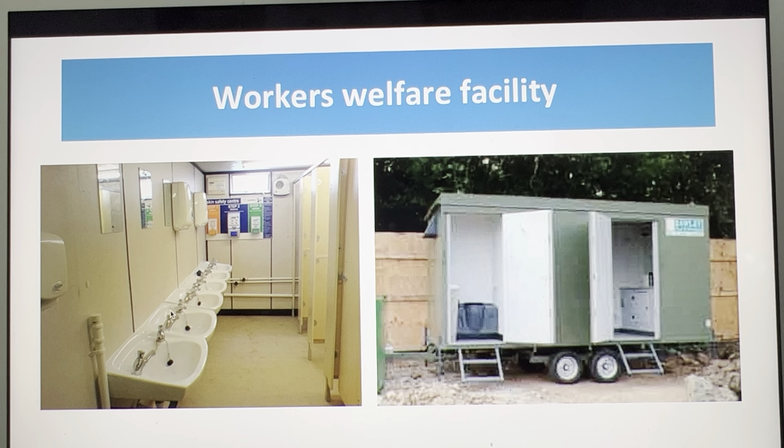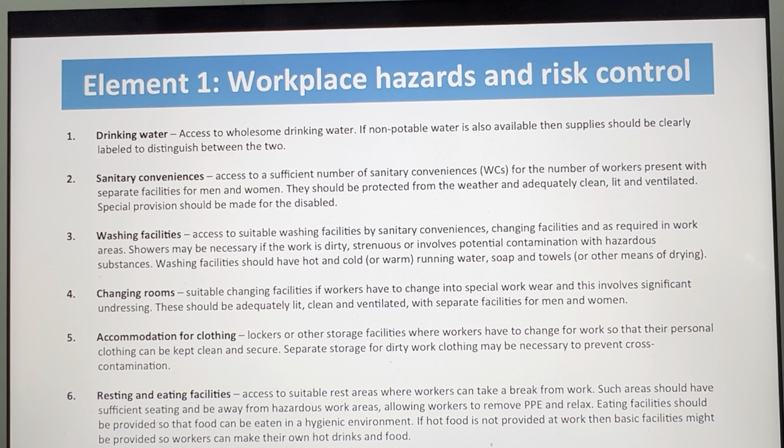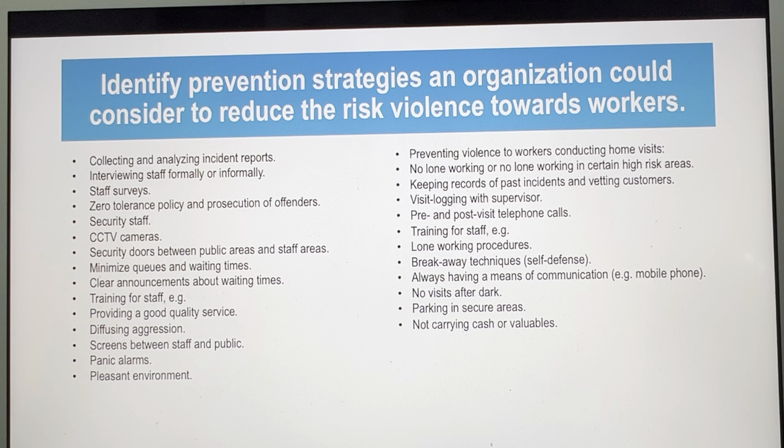And here you have some definitions of what is drinking water, sanitary conveniences, washing facilities, changing rooms, accommodation for clothing, resting area, and facilities. These are taken from the ILO requirements, the definition, and identify the provision strategies an organization could consider to reduce the risk of violence towards other workers, to secure their belongings, their valuables, and you can find the recommended strategies to prevent those risk of violence towards other workers.